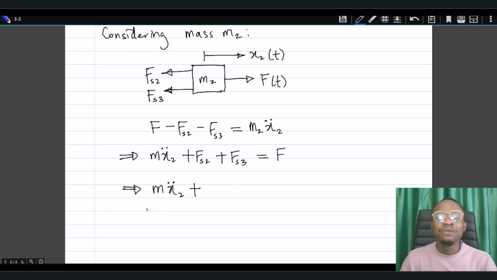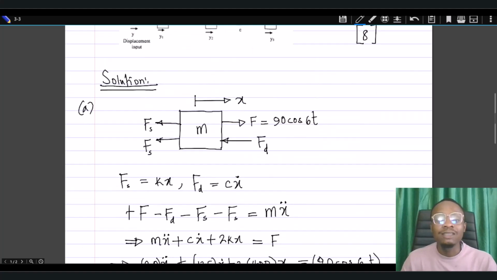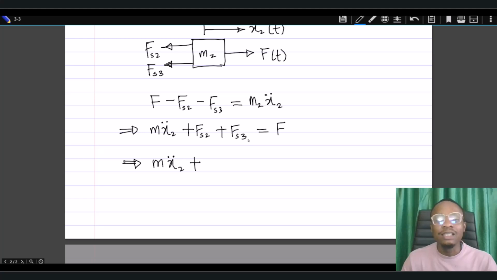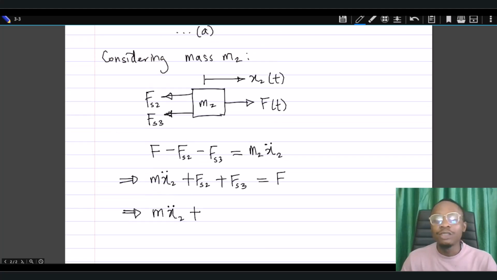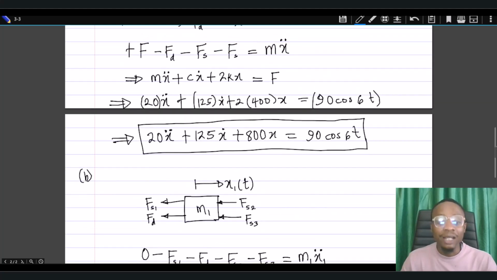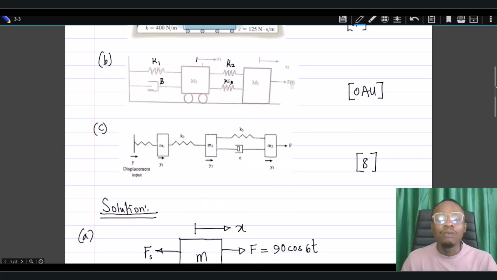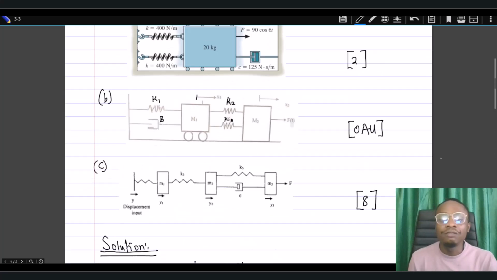Okay. So what do we do now? Fs2, we have to go back and consider the body. We know that this equation here we're using is for this body. Now, one thing you should know is that in reality, just think about this for a moment.